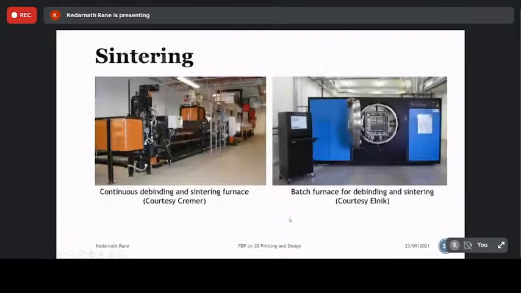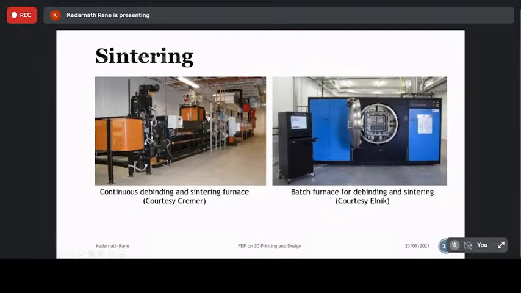When it comes to the sintering process, we have a continuous debinding and sintering furnace for continuous production of such products in mass quantities. Whereas if you want to go for batch production, you can use a furnace with a chamber, which you can close and do thermal debinding and sintering in one station.